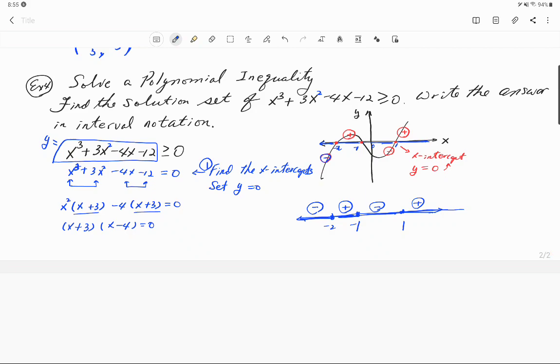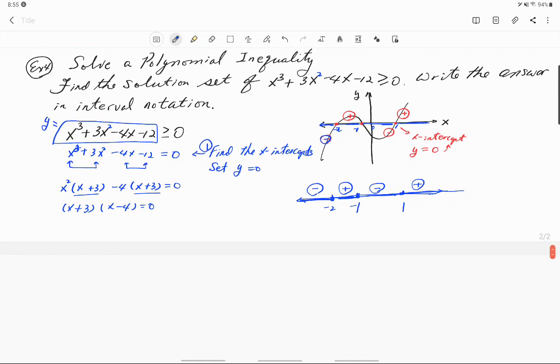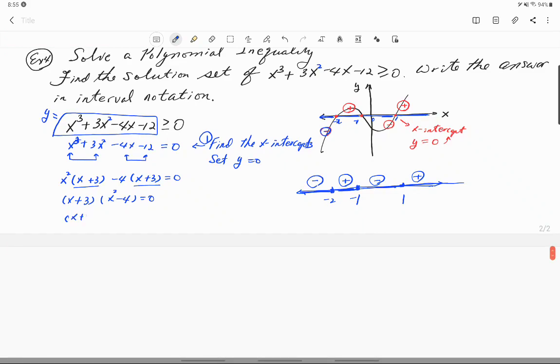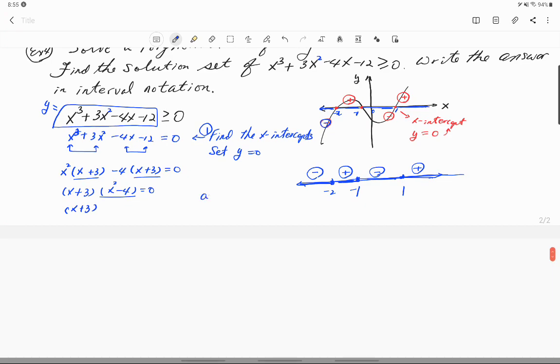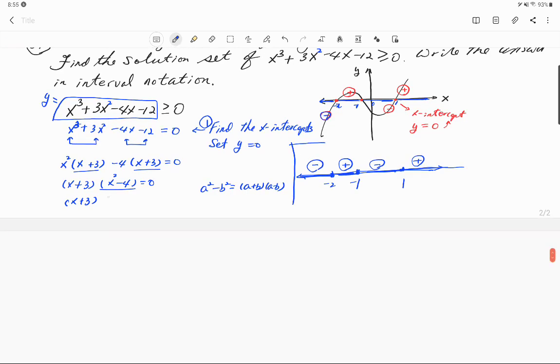So x squared times x plus 3, and then x squared minus 4. Still, we can factor it again because the second binomial factor is a difference of squares, right? Do you remember? a squared minus b squared can be factored as a plus b times a minus b, right? So this will be x plus 2 and x minus 2 equals 0.